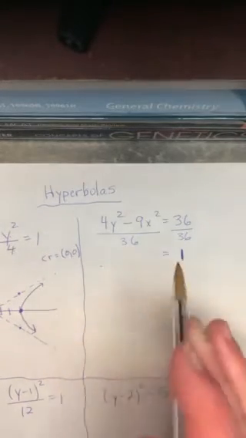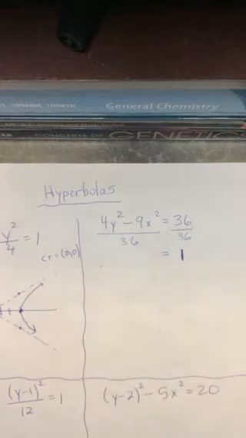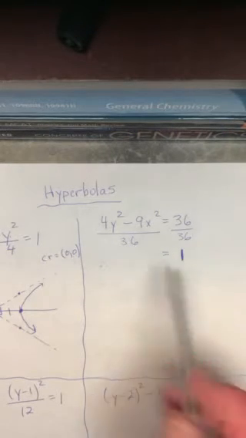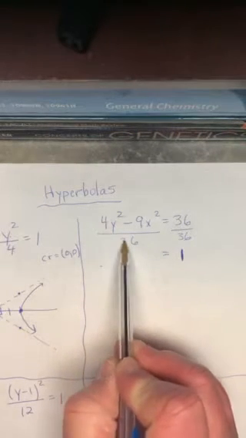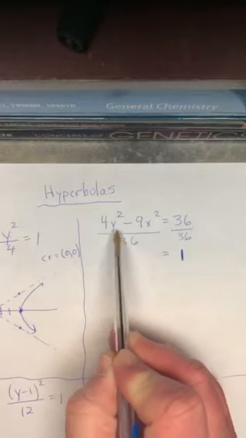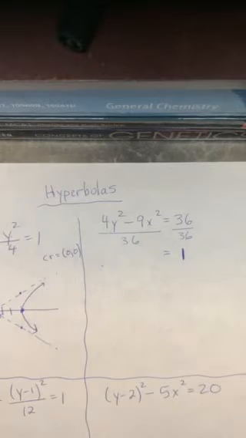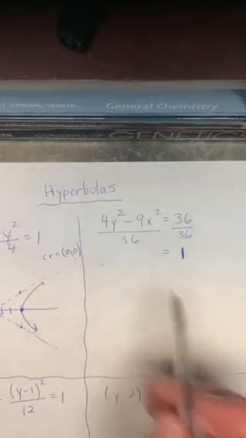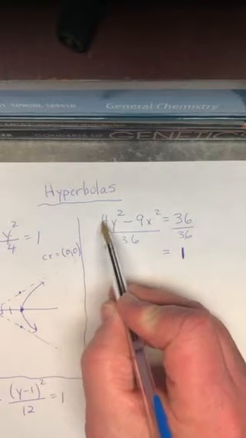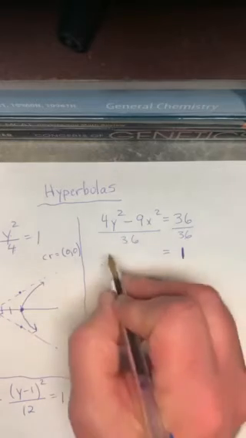And on that side, guys, some of you aren't very good at cross-canceling. You made some mistakes with that. Look, that's 4 over 36. If you were in 7th grade, 4 over 36 would reduce to what fraction? Wouldn't that be 1 over 9? Because you cancel the 4, and then 4 goes into 36 9 times.